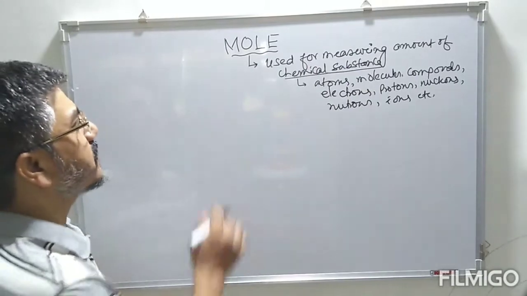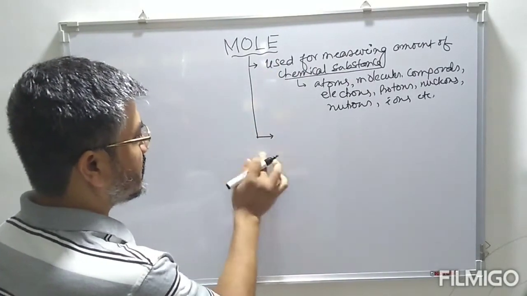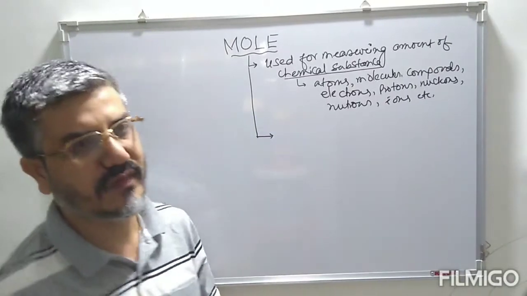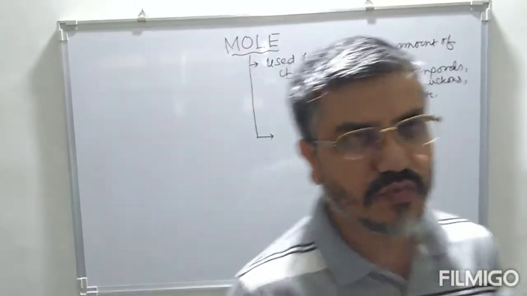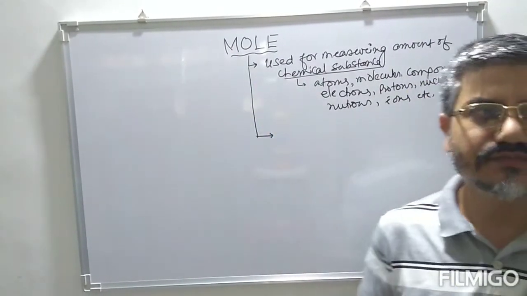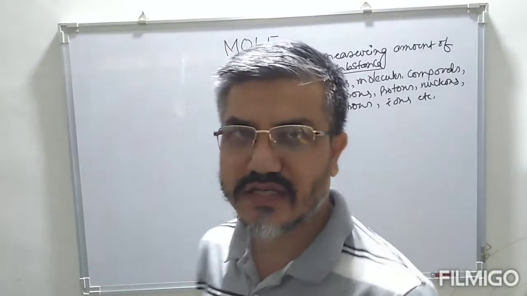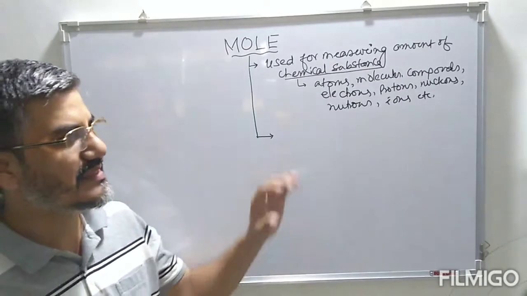Then the question is how to define this term mole and what is the significance of mole. Now this mole has its relationship with atomic mass measured in terms of the carbon scale.